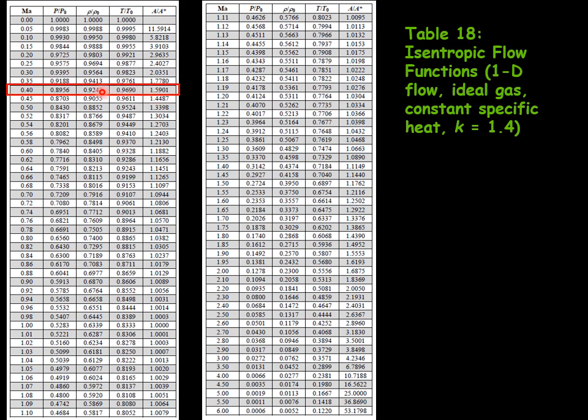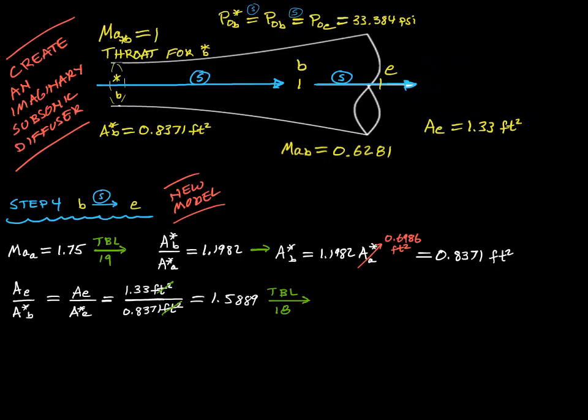We can read across here and we get some other values, but what we're keying in on here is the Mach number of 0.4. So as we bring it back here, the Mach number at our exit is 0.4. We can see that the flow is slowing down.